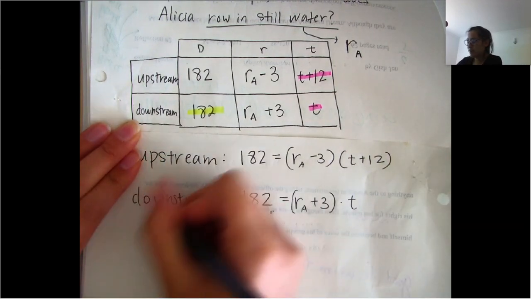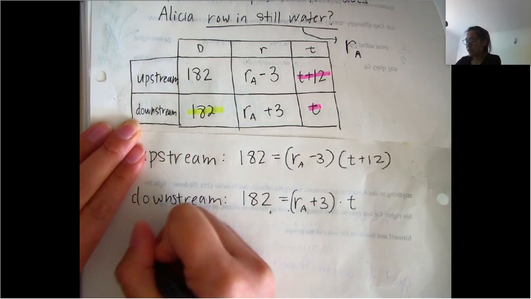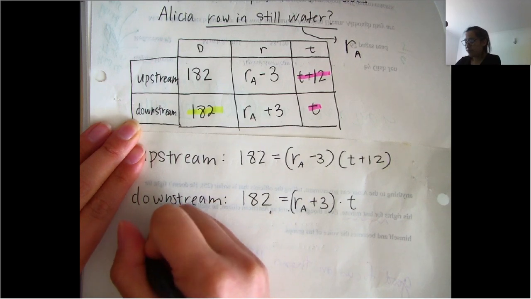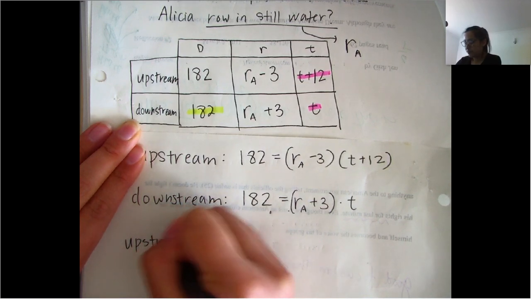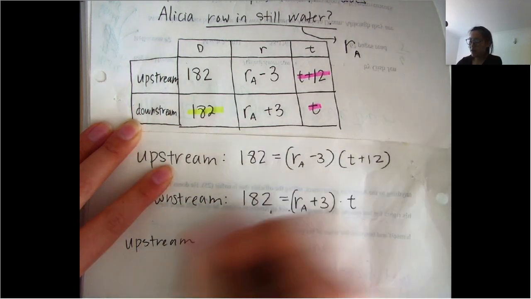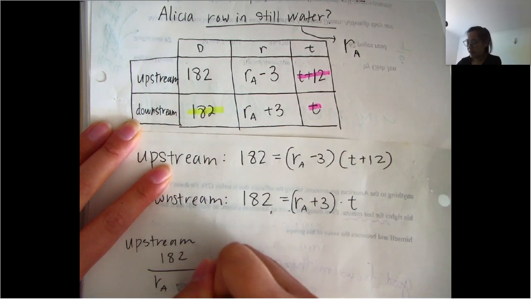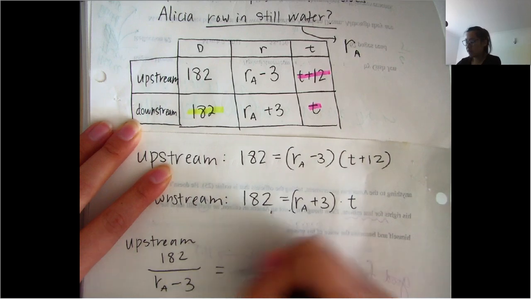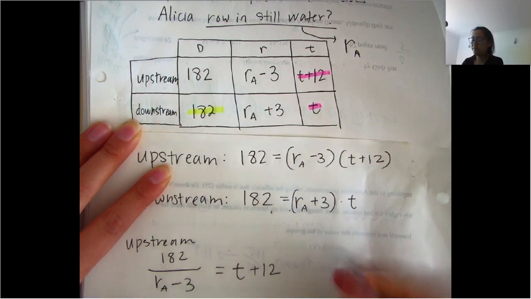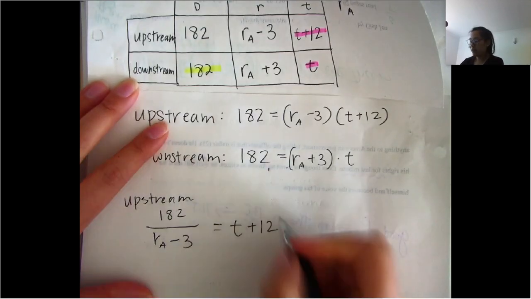So upstream is going to be 182 divided by R sub A minus 3 equals T plus 12. And then we'll subtract the 12.